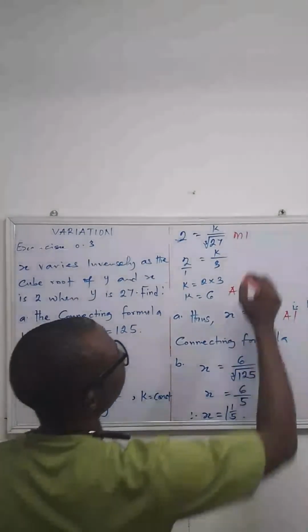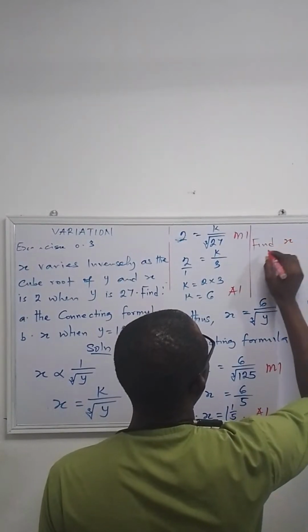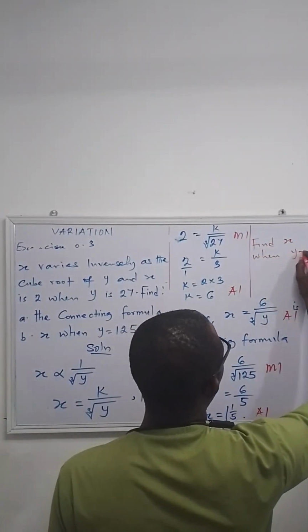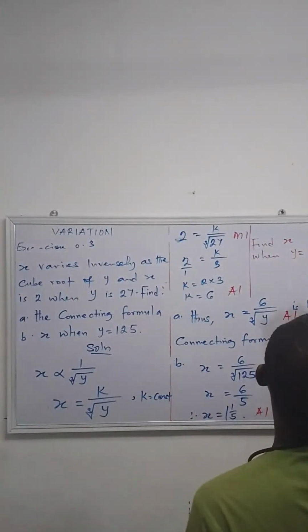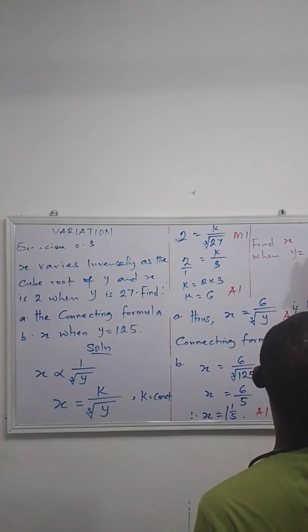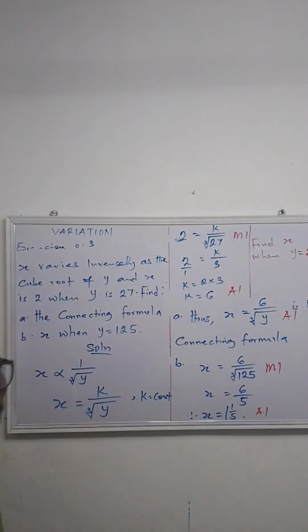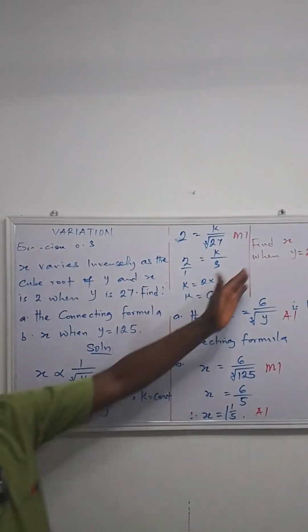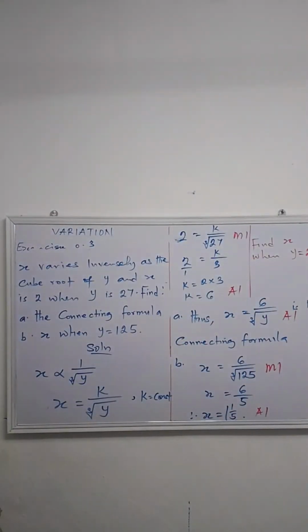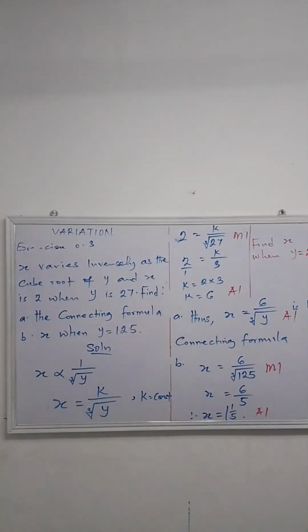Find x when y equals 27. Can you do that and tell me what you have using this connecting formula? Find x when y equals 27. Now drop your answer in the comment section if you have it.